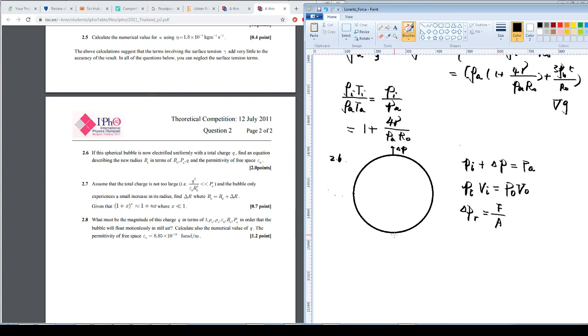Force over area. Why is there a force? Because all the other charges are acting on that spot, which has a delta Q amount of charge proportional to delta A. So that delta A will cancel out automatically. And that force is delta Q times the electric field, which must be perpendicular here.